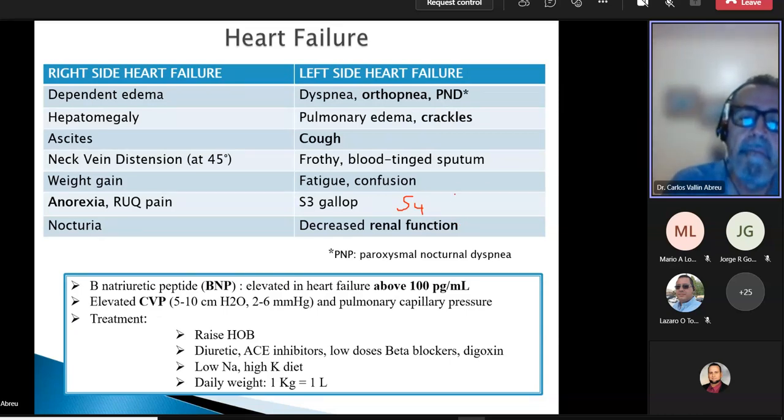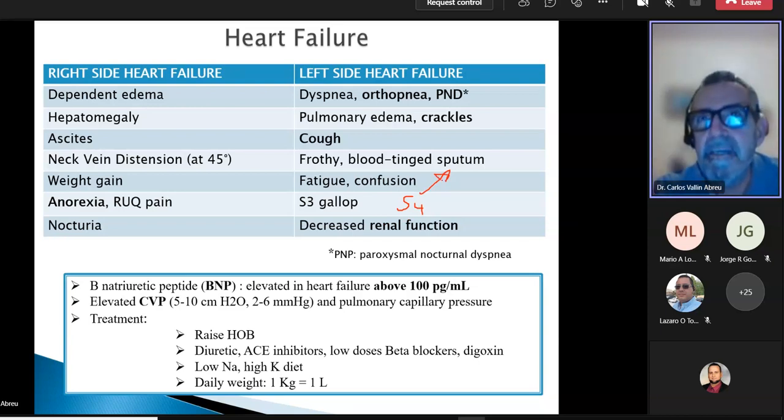The S4 means basically, the most common cause, that the heart is old and is stiff. When you grow older, the cardiovascular system becomes stiffer, less elastic, less compliant than in young people. The arteries become very stiff, and for that reason, systolic hypertension is so common in older people. And the heart also becomes stiff.